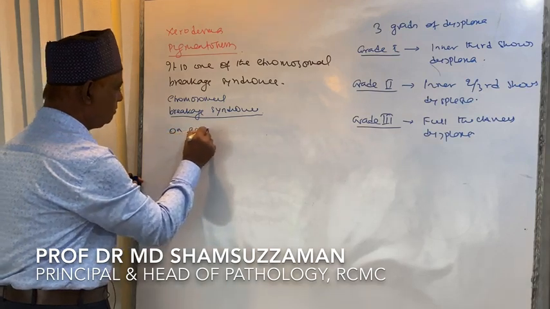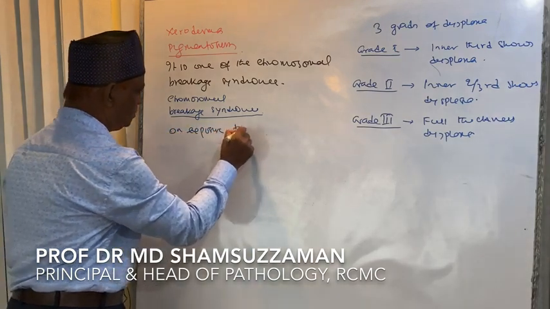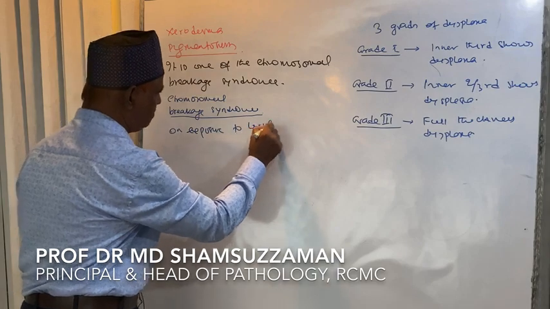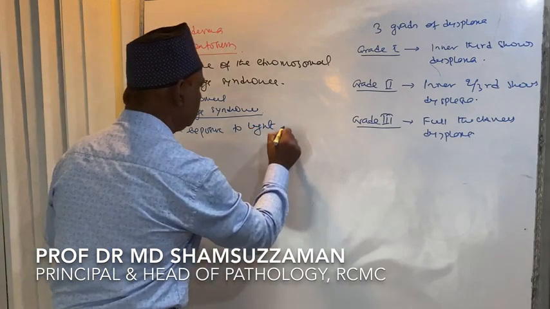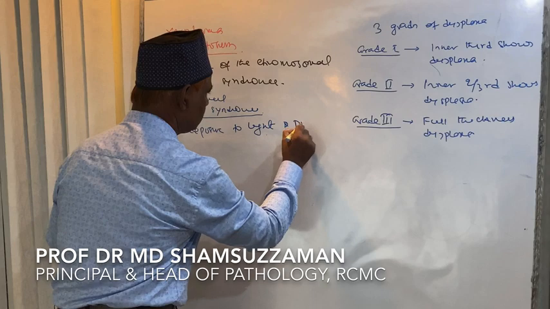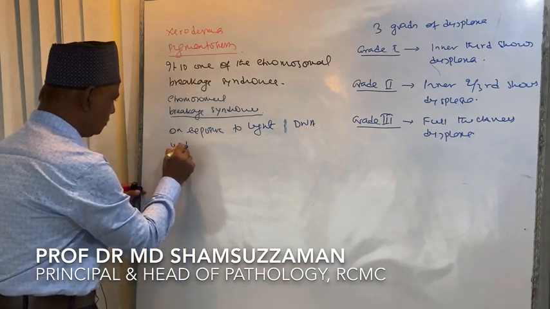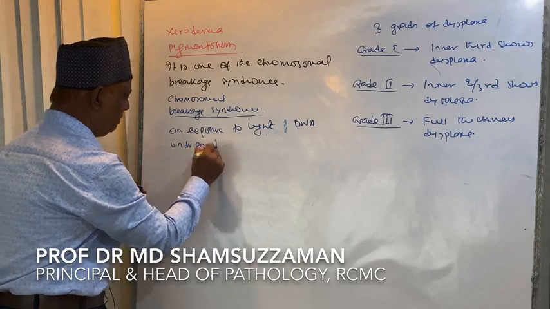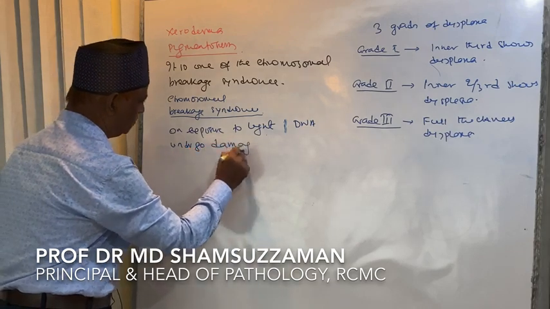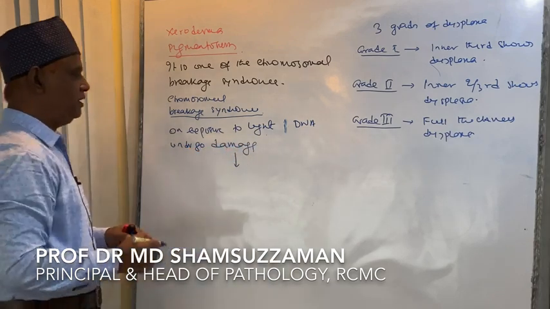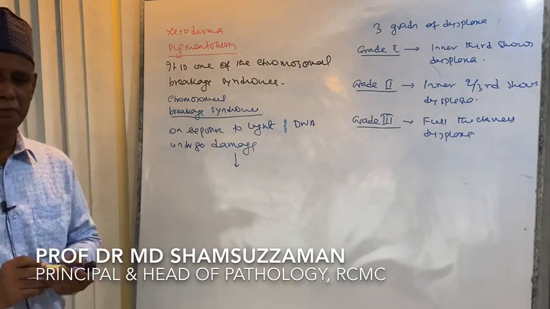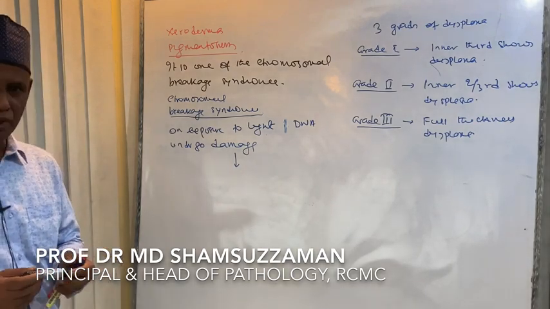On exposure to light, that is bright light, DNA undergo damage, and this damaged DNA is repaired by endonuclease enzyme.